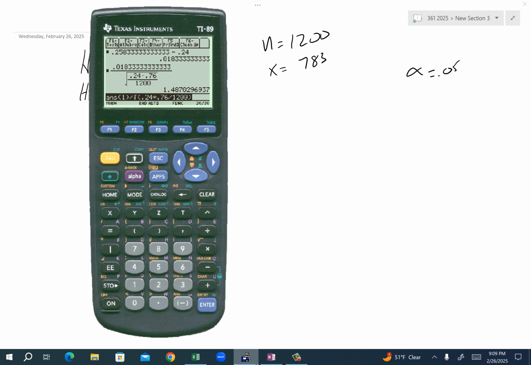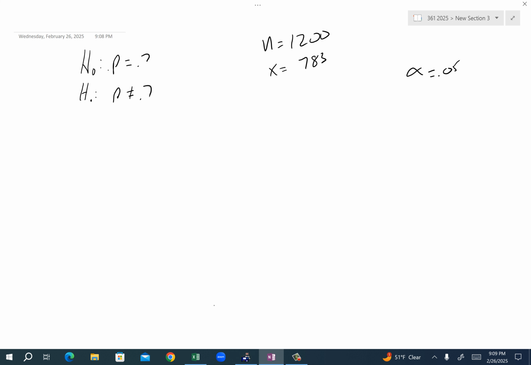Okay, there's that, 0.6525. So if we're doing this at home, your z equals 0.6525 minus 0.7 over 0.7 times 0.3 over 1,200.